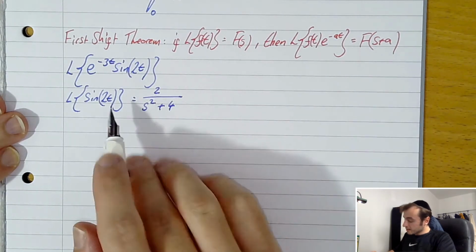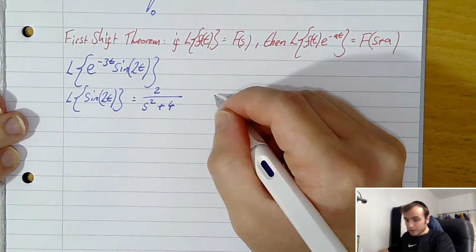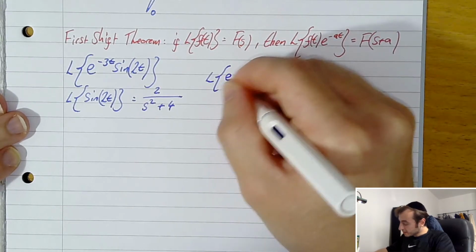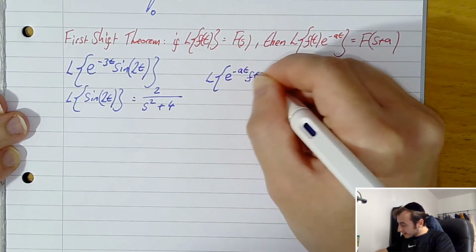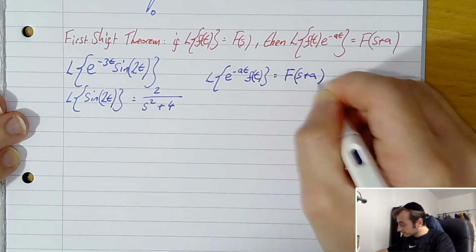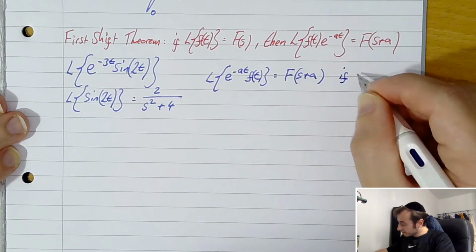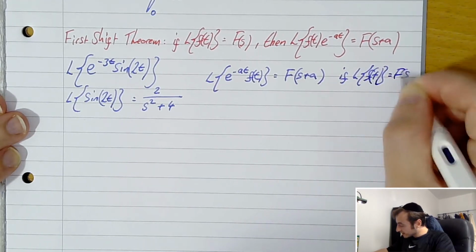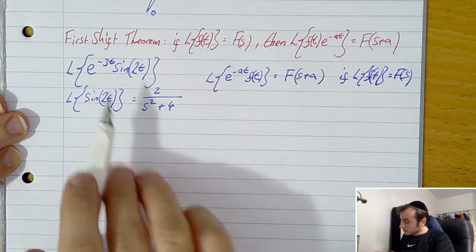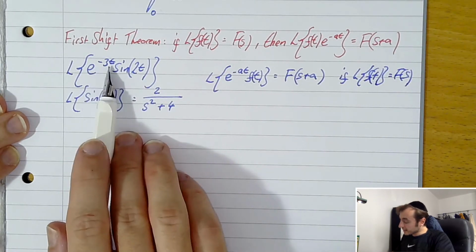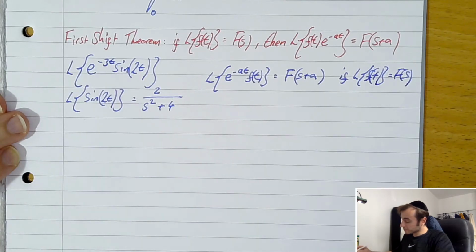We also know that the Laplace transform of e to the minus at f of t equals F of s plus a, if the Laplace transform of f of t equals F of s. Here we have the first shift theorem, because the function is being multiplied by e to the minus 3t.